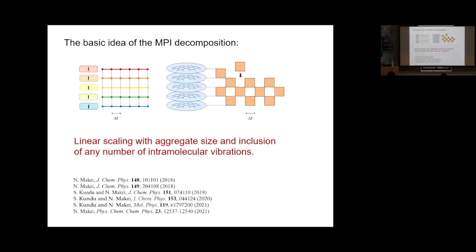They might also connect in different ways, more complex ways, but these are details. And then we can evaluate the path integral by summing the variables over 1 unit at a time. This gives us linear scaling with aggregate length.